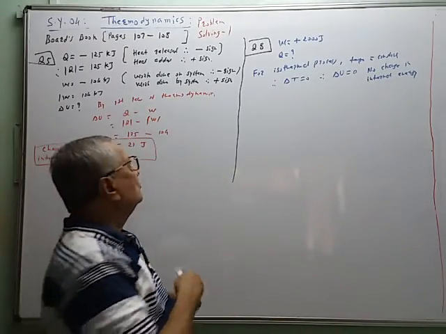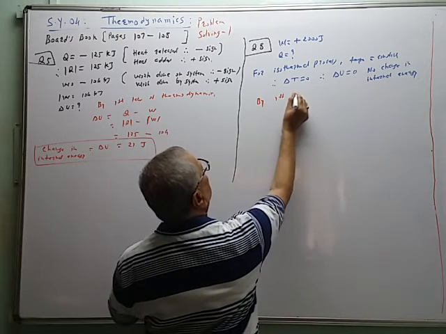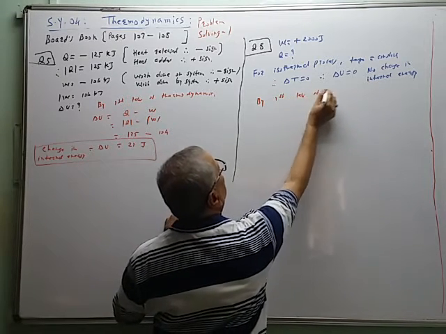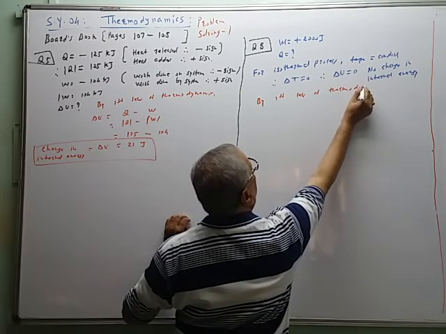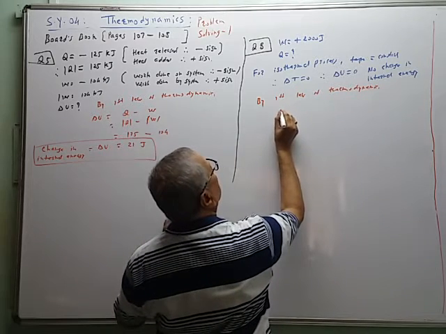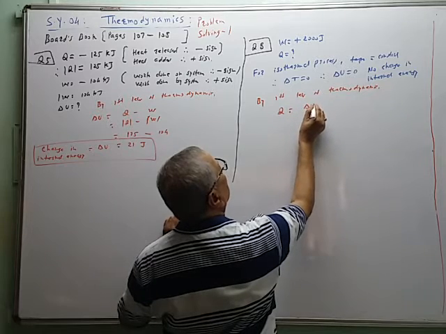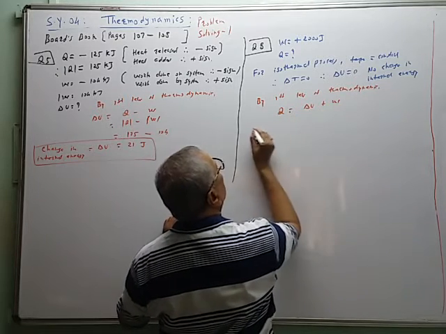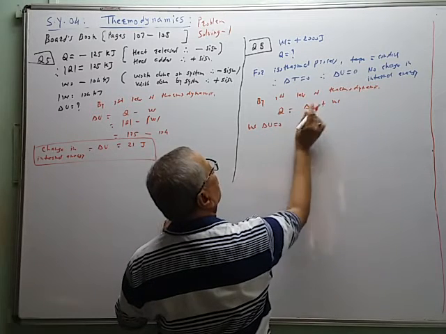By first law of thermodynamics, Q is equal to delta U plus W, but delta U is equal to 0.